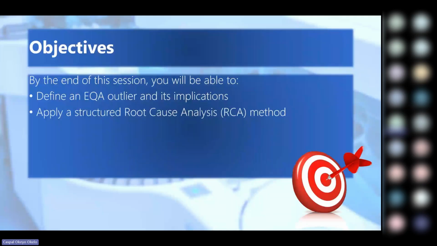Secondly, you should be able to apply a structured root cause analysis method instead of doing an informal guess. Thirdly, you should be able to distinguish between a one-off random error and a deeper systemic problem.